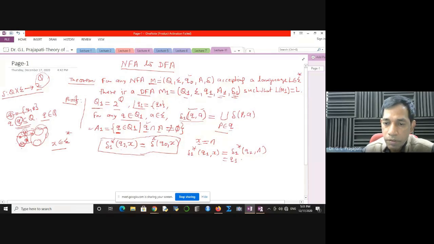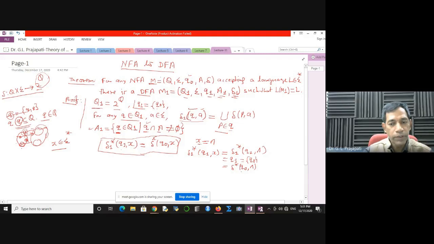So this is equal to Q0. And this is equal to delta star, from the initial state, where delta is the transition function of your NFA, with the null string.